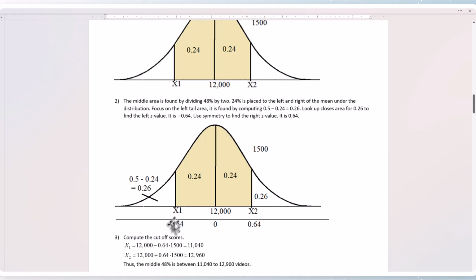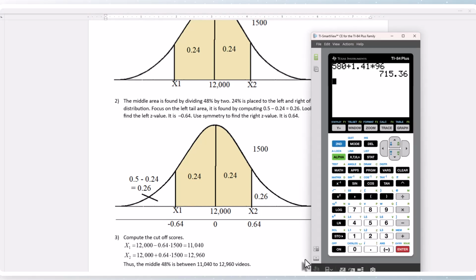So negative 0.64. Another way to do this is we can use the calculator. We type second, distribution, inverse norm. We type this left area of 0.26. Leave everything else, leave the mean as 0, standard deviation is 1.